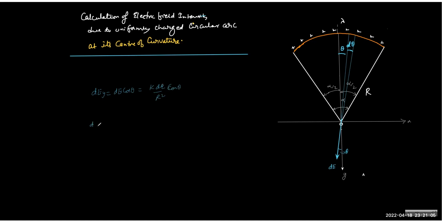This is pretty easy to solve and derive. So dq we can write as lambda r d theta, and if you solve, it's k lambda by r cos theta d theta.